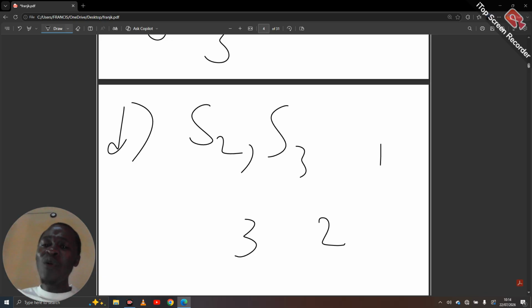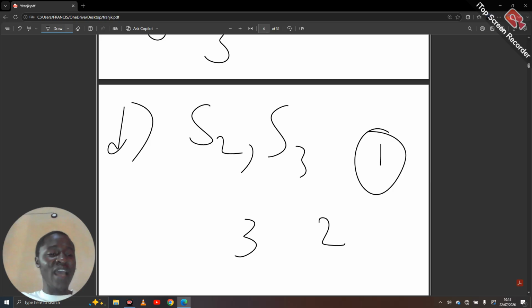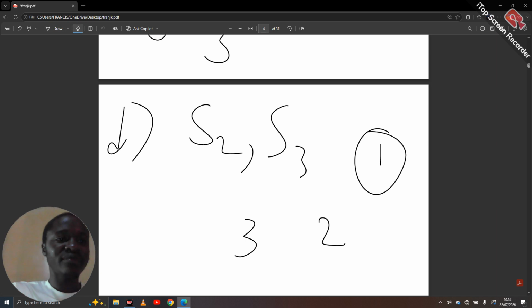And for you to be number 1, you are the leader. There is no other person ahead of you. You are the first, in the front position. So whenever you see S2, S3, do not forget that there is S1, at the very first.